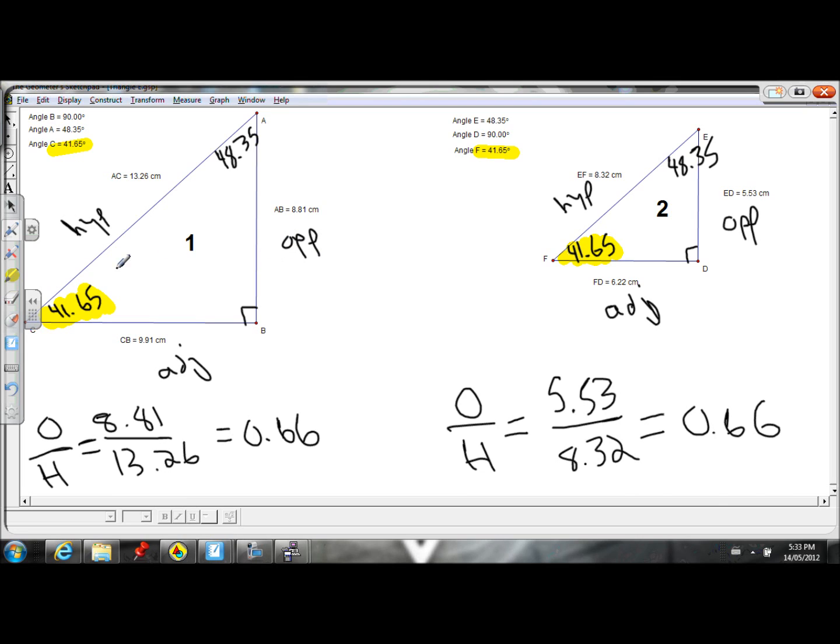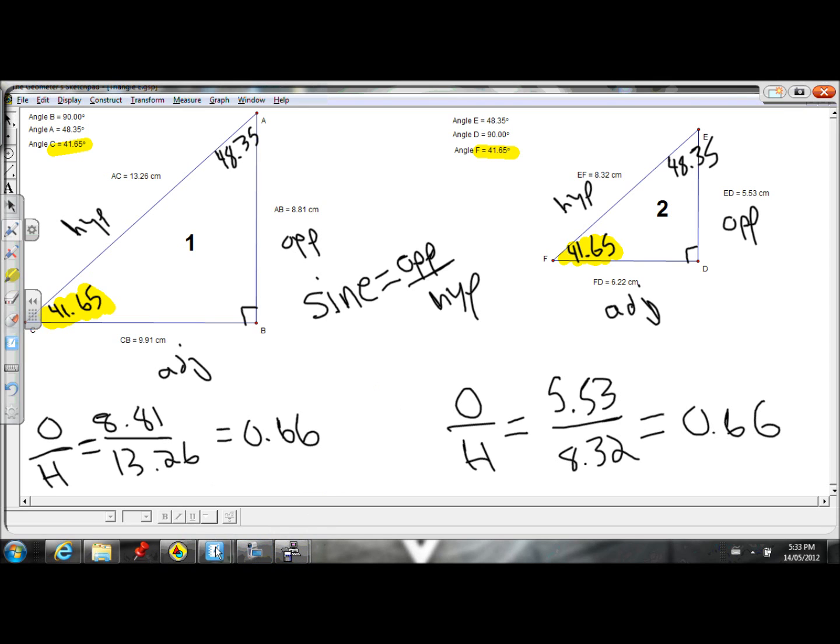The ratio of the opposite to the hypotenuse for this triangle is exactly the same as for this triangle. That ratio is called the sine ratio. Sine is opposite over hypotenuse. That's the sine ratio. There are two other ratios.